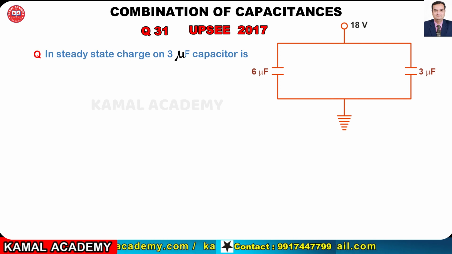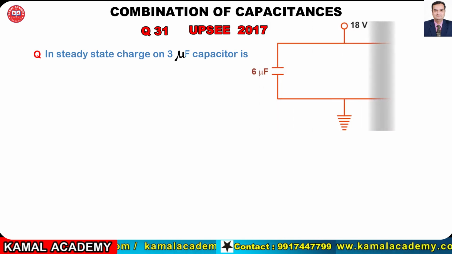Let us consider an example on parallel combination of capacitances. This is question number 31 asked in UPSEE examination 2017. In steady state, charge on 3 microfarad capacitor is in the following figure.